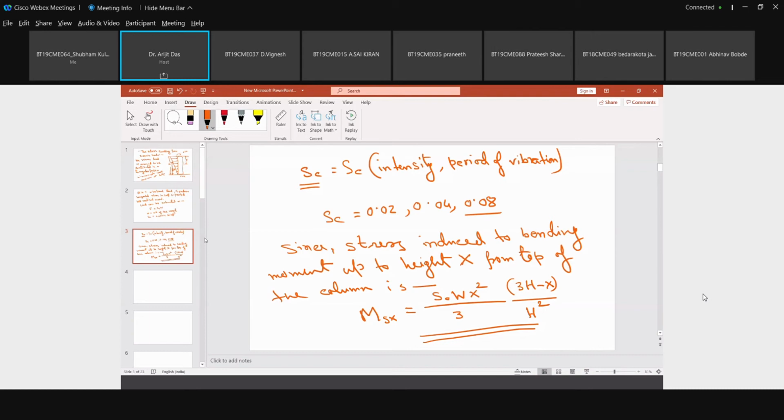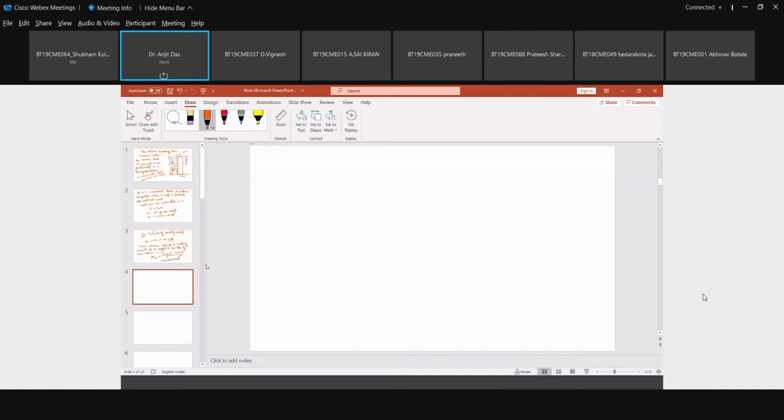Now, when will the bending moment be maximum? So at what position will the bending moment be maximum? At the top, sir.